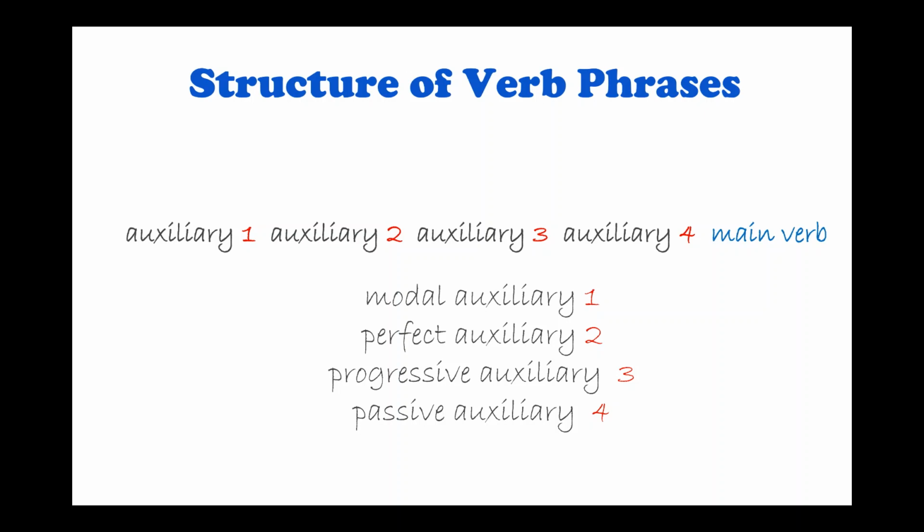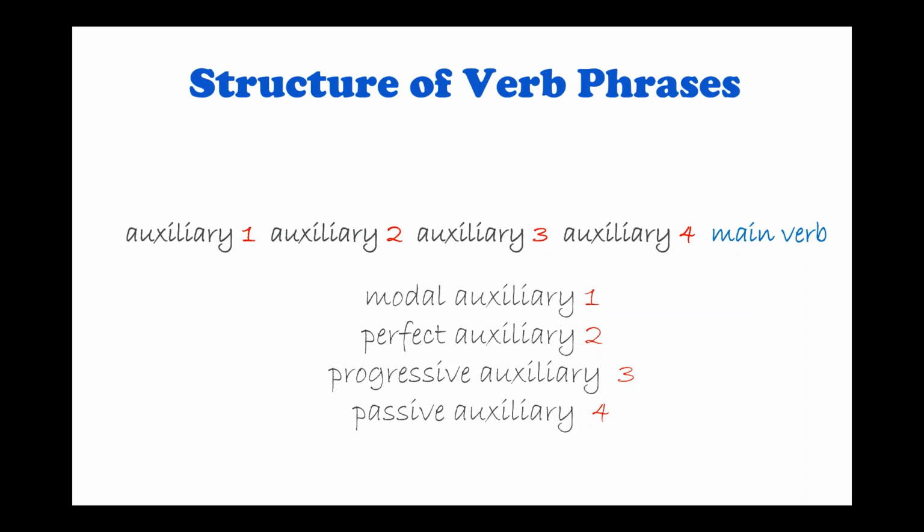However, if we were to consider the progressive auxiliary, we all know what that is. It's the verb to be. Now, the verb to be has an effect on what follows, and what follows should contain the ing participle. While the passive auxiliary, and again it is the verb to be.